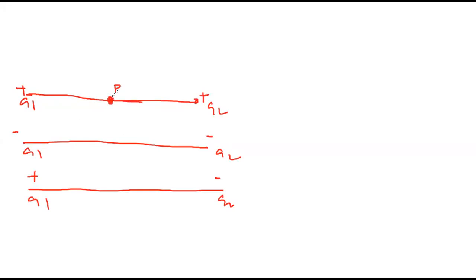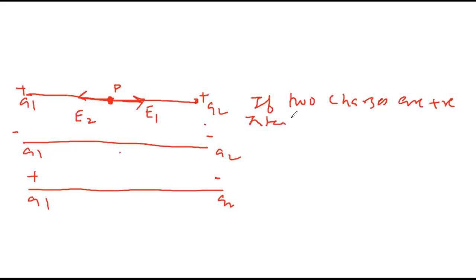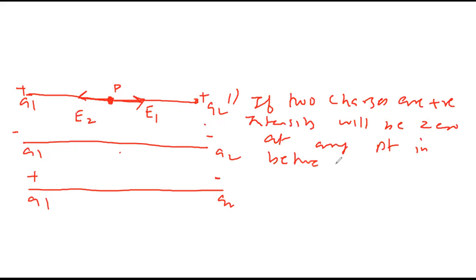For positive charge, intensity is outward. For this positive charge also outward. So if two charges are positive, intensity will be zero at any point in between two charges, because direction we are getting opposite.